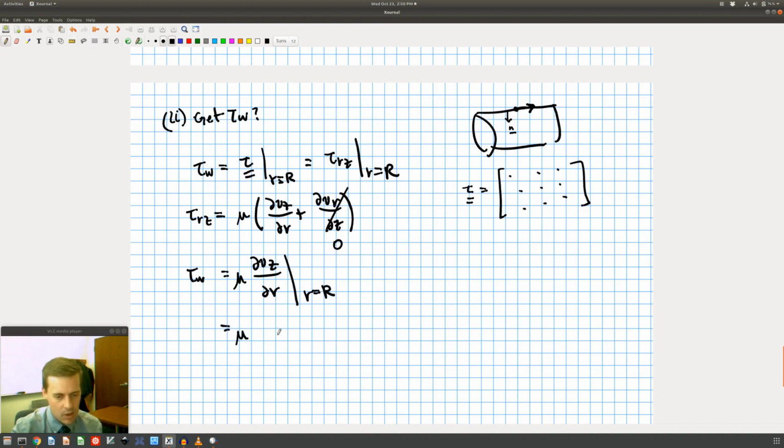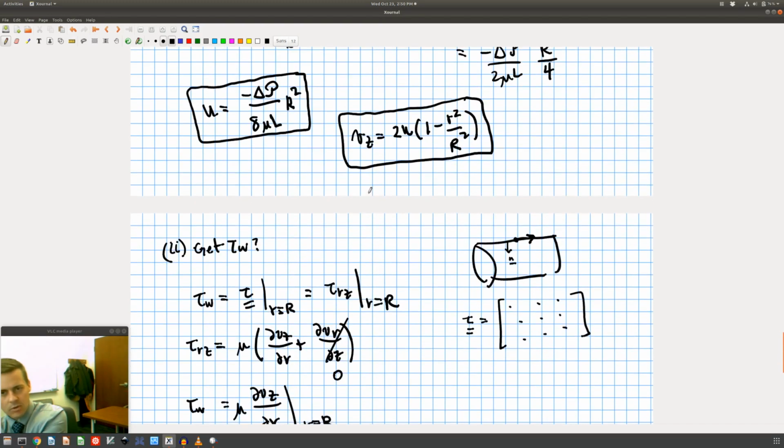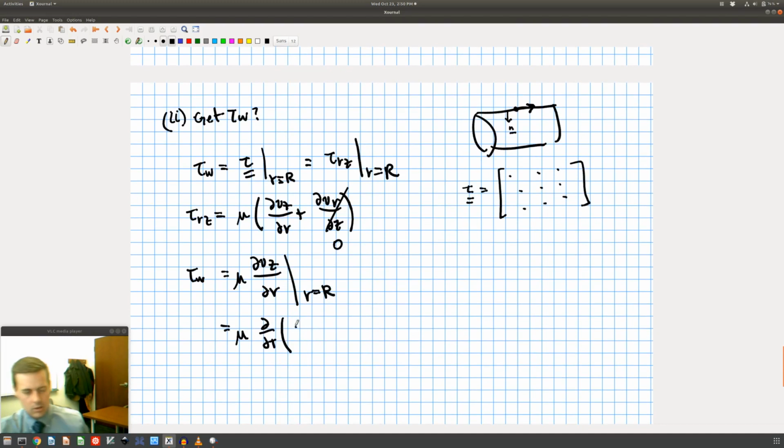Tau wall is mu, and I'm going to take the R derivative of what Vz is. Well, I just wrote it right there. It's 2U times 1 minus R squared divided by big R squared, and I need to evaluate that after I take the derivative at R equals big R.